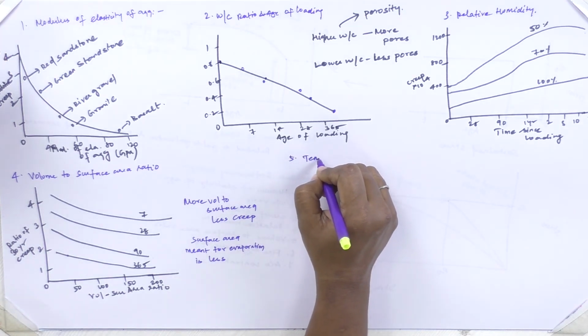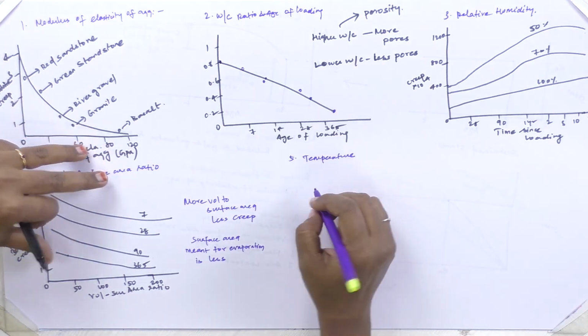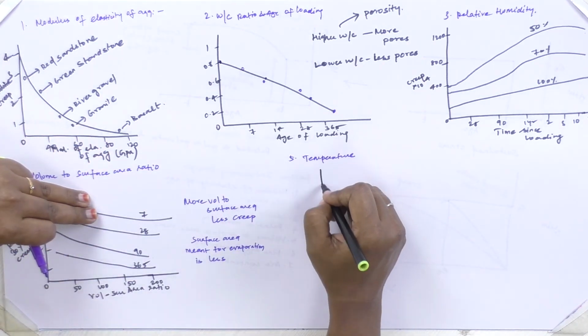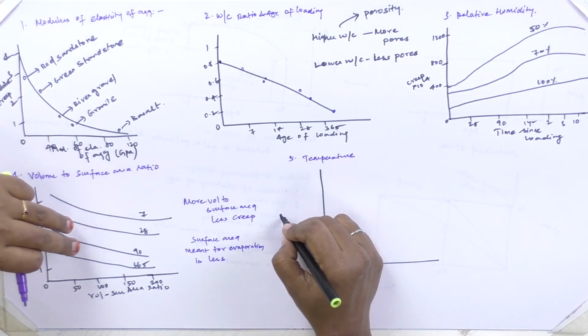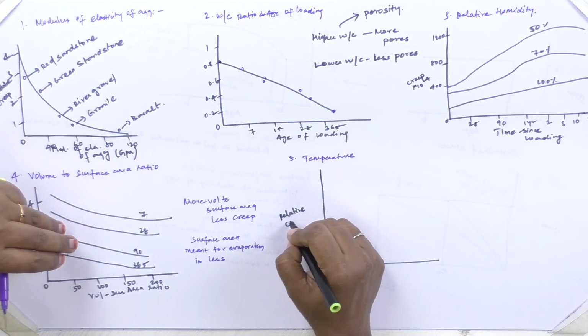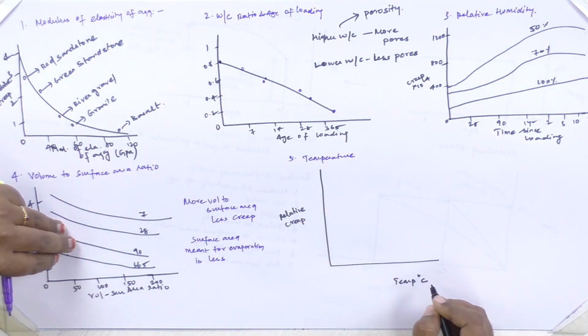Next is temperature. This is relative creep, and this is temperature in degrees Celsius.